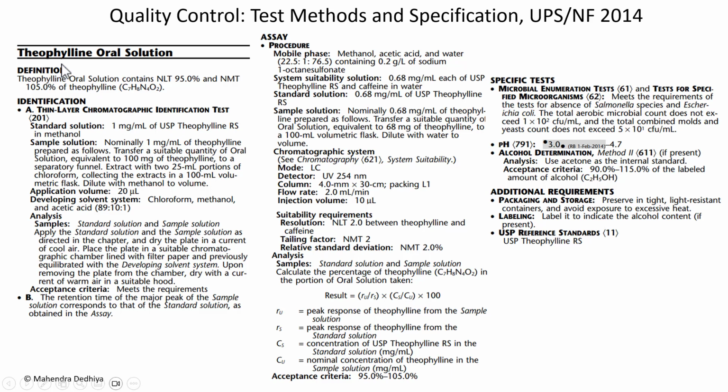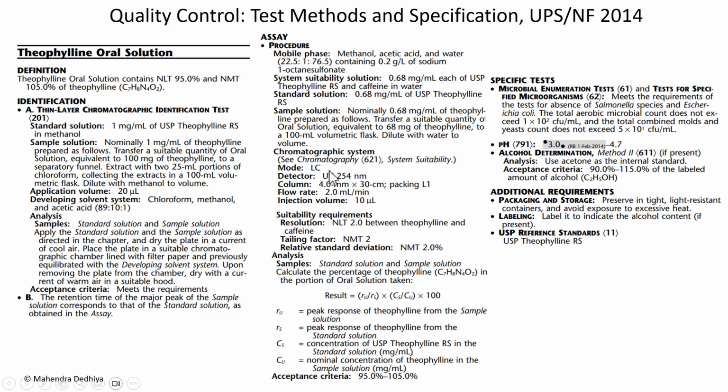An example here is for Theophylline oral solution. It states that it needs to be between 95 to 105% throughout its shelf life. Identification methods are prescribed in detail in the USP monograph. One is a thin layer chromatographic identification system. The second is the retention time of a major peak through the assay procedure.